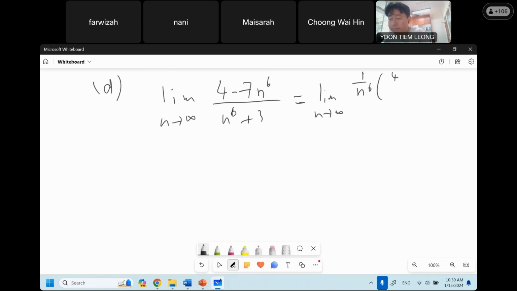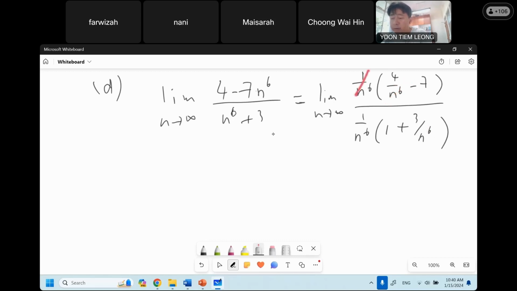Then what is left is (4 over n to the power 6 minus 7) over (1 plus 3 over n to the power 6). And here 1 over n to the power 6 will become 0 when n goes to infinity.